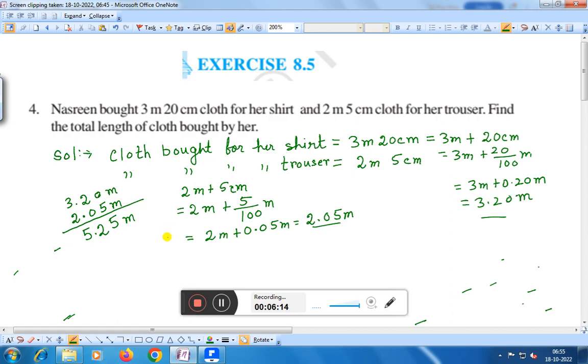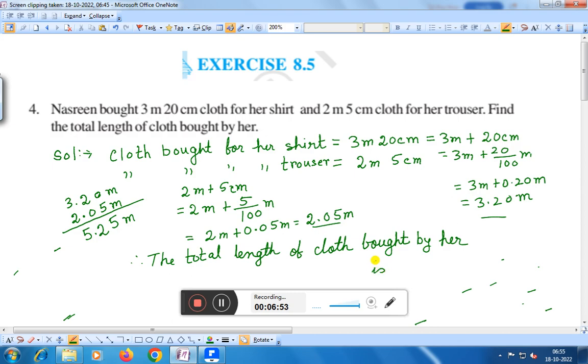So what was the question? They ask to find the total length of cloth bought by her. Therefore, the total length of cloth bought by her is 5.25 meter.